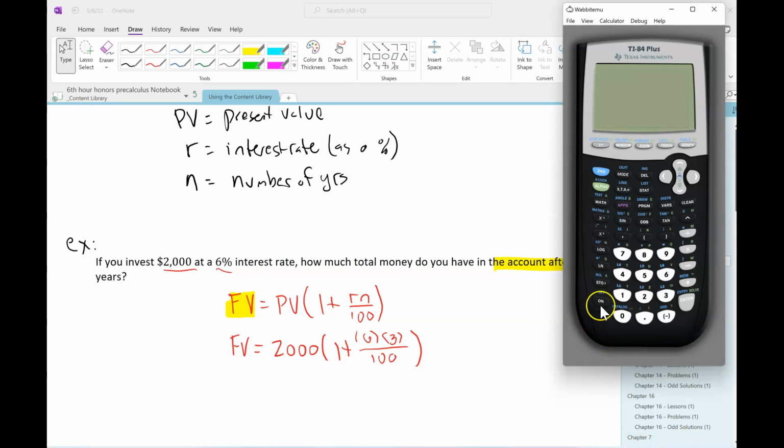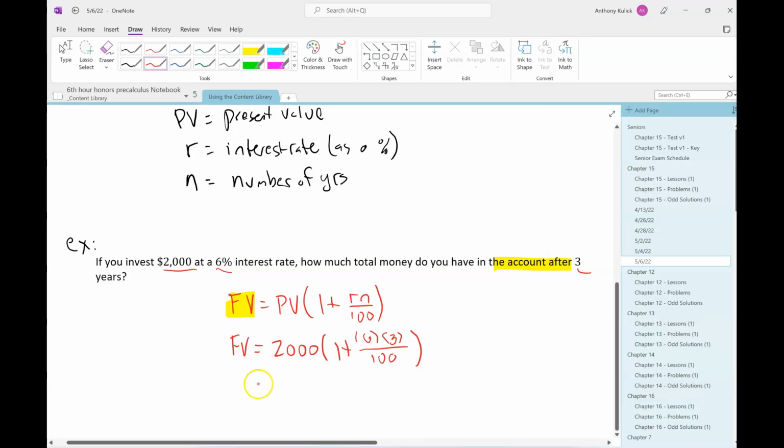So we can fire up the calculator. I get $2,360.